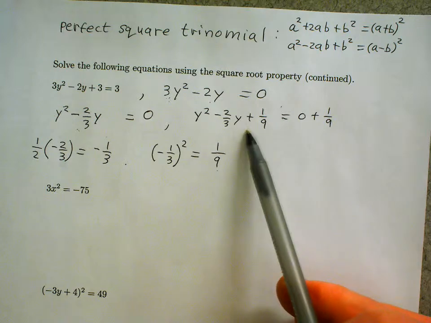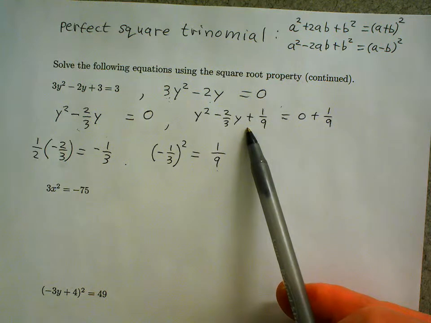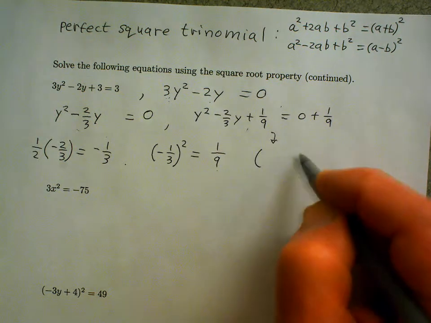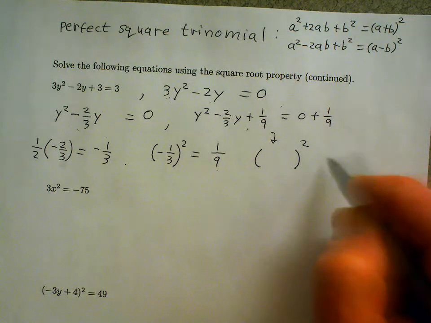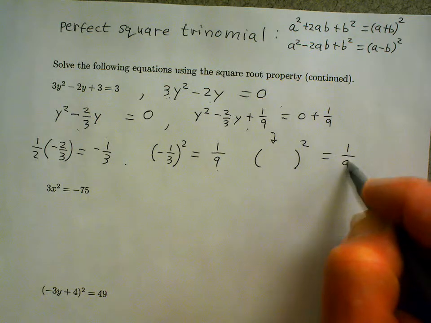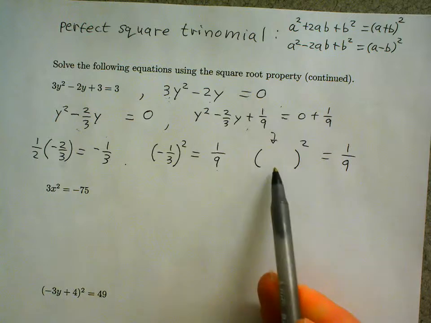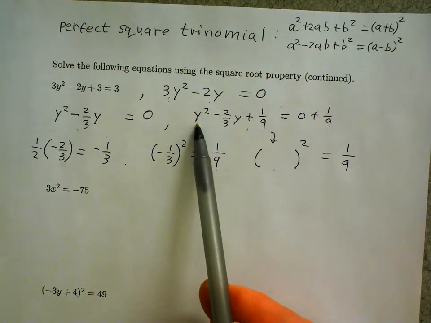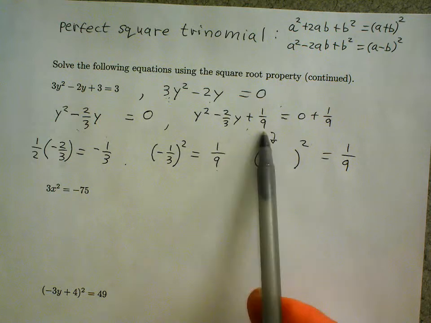The left-hand side is now a perfect square trinomial, which means that it can be written as a binomial squared. So how do we know what binomial to square to get y squared minus 2/3 y plus 1/9?